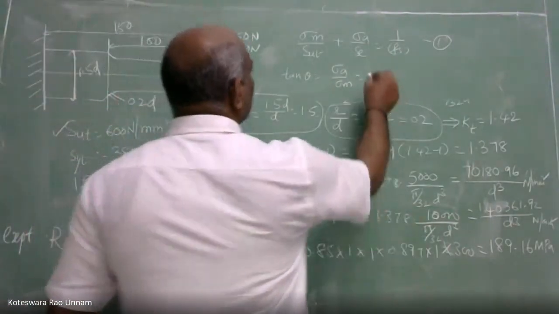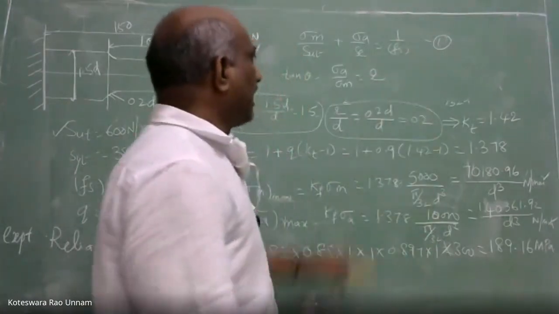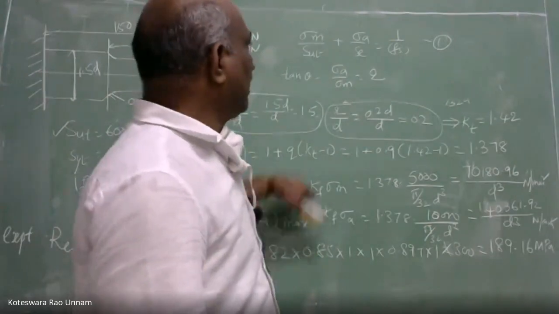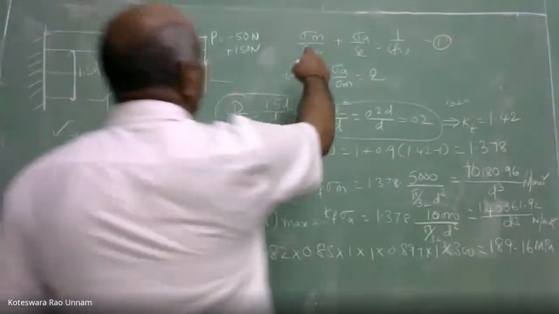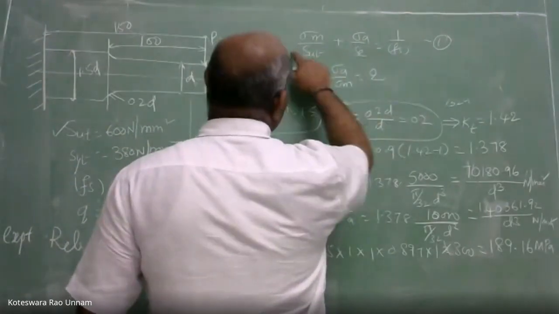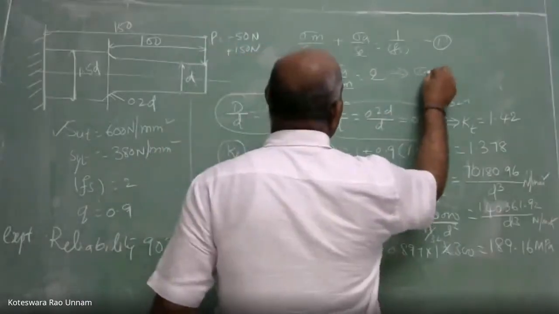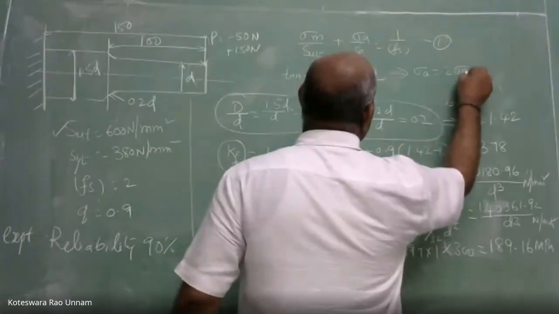If you calculate it, you will get 2. Sigma A by sigma m is only 2. So wherever sigma A is there, I can write that as 2 into sigma m.